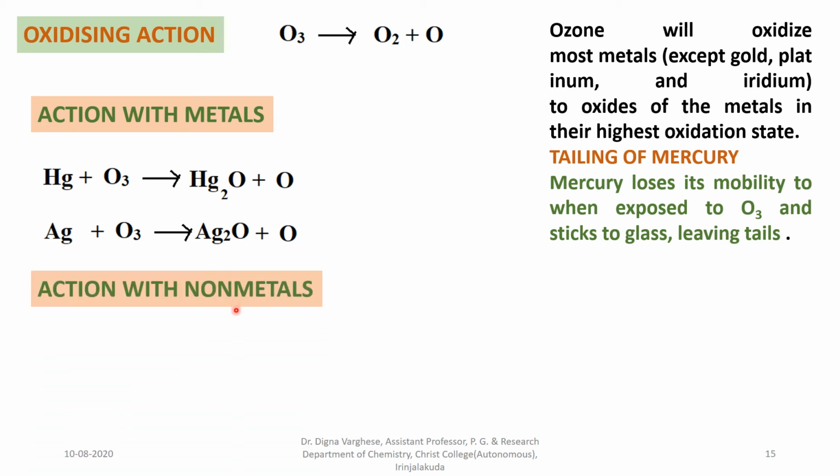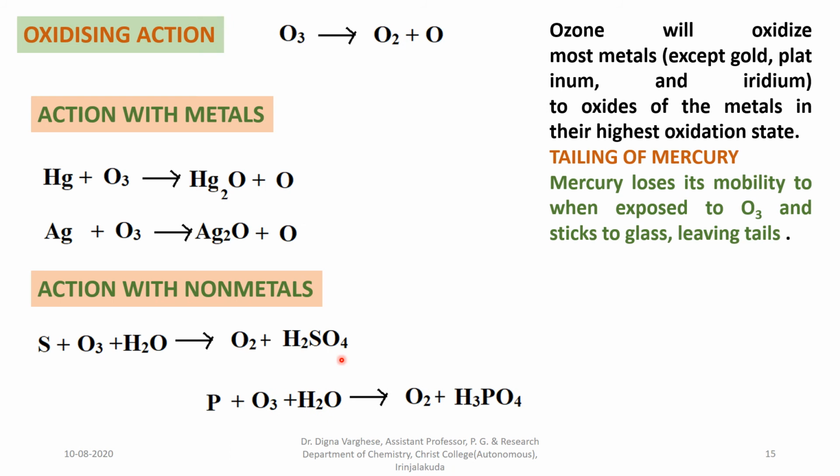Next reaction is action with non-metals. Ozone oxidizes non-metals like sulfur, phosphorus and iodine to the corresponding oxo acids. Ozone oxidizes sulfur to sulfuric acid, phosphorus is oxidized to phosphoric acid, and iodine is oxidized to iodic acid.